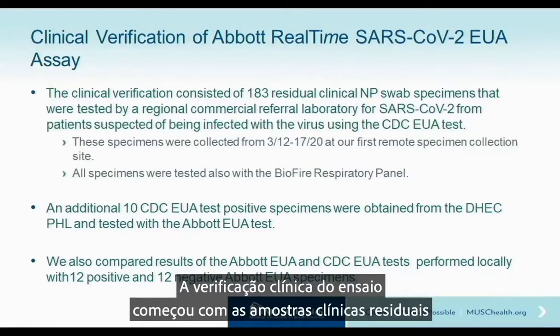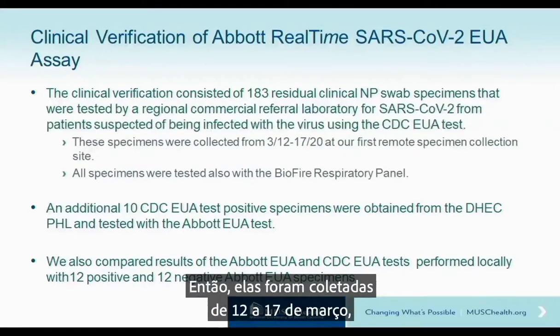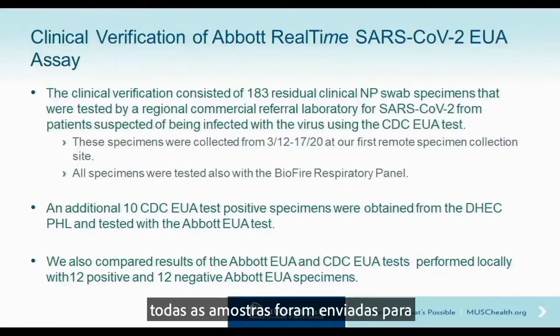The clinical verification of the assay started out with the residual clinical specimens that were collected during the early phases of our opening of our remote collection site. They were collected from March 12th through 17th. All of the specimens were sent to a regional commercial reference lab for testing by the CDC EUA assay.